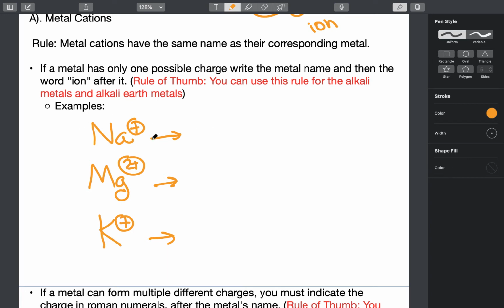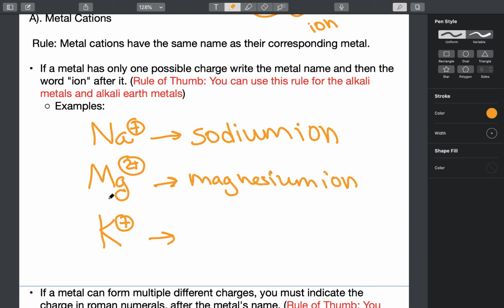It can only form a +1 cation, so we can write sodium ion. Now, if you have magnesium, that's an alkaline earth metal. It can only form a +2 ion, therefore we write magnesium ion. And if we have potassium, it can only form one type of ion, the +1 ion. In this case, you say potassium ion.